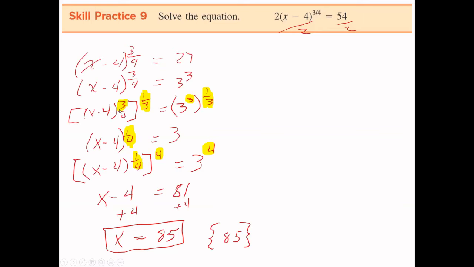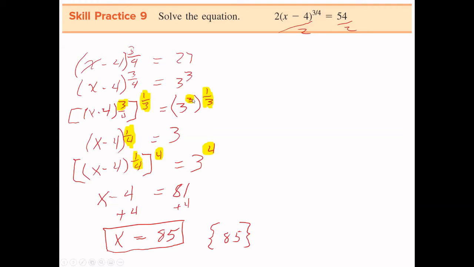Now, I probably should have multiplied both sides to a 4th power, but I didn't want to deal with large numbers. So I decided to take both sides to the 3rd power first. Okay, so in this case, the 3 and the 1/3 cancel out, leaving me a 1/4 power.